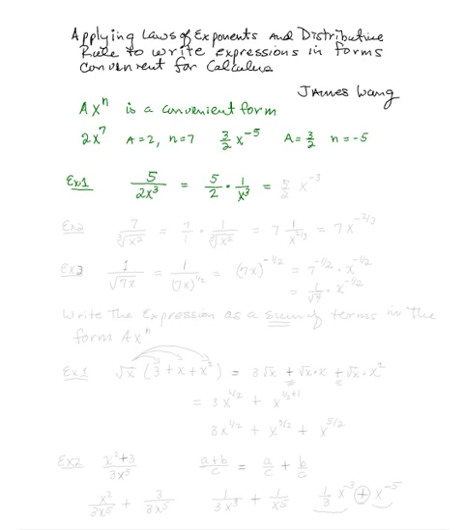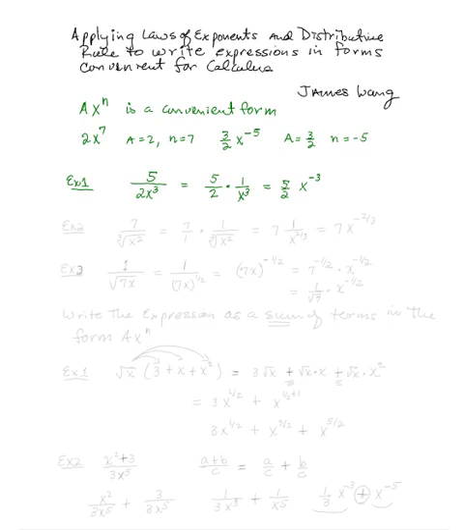And that's exactly what you learned in the last module, or perhaps you knew this already. 1 over x cubed is x to the negative 3 power. And so now we have a as 5 halves and the n as negative 3, and we have ax to the n.